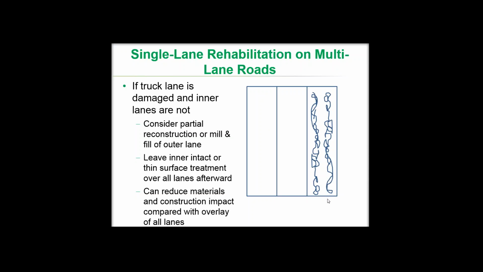If the truck lane is damaged and the inner lanes are not, one of the things that we can consider is, rather than overlay the entire direction of travel or the entire structure, consider doing a partial reconstruction or a mill and fill of the outer lane and then doing a relatively thin preservation treatment over the top that gives that smoothness and restored riding quality and noise across all of the layers, rather than do the same structural overlay across all of the different lanes.